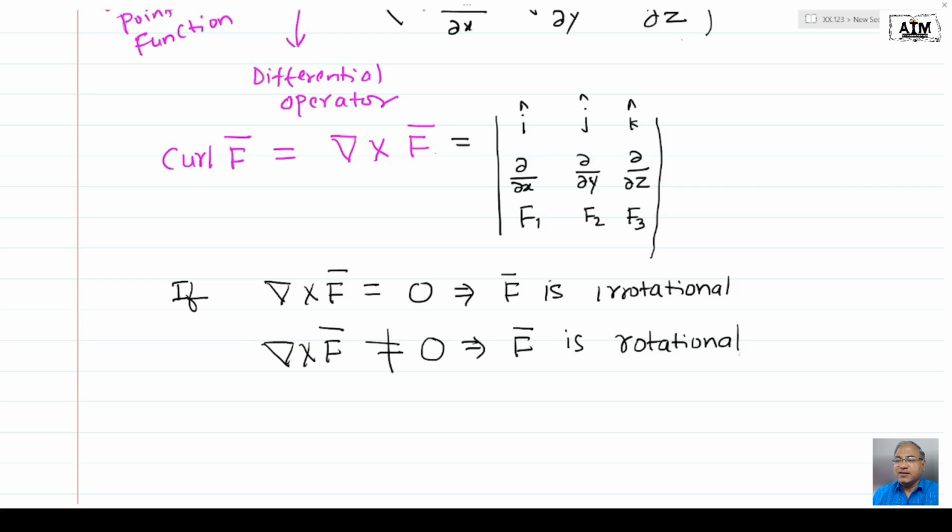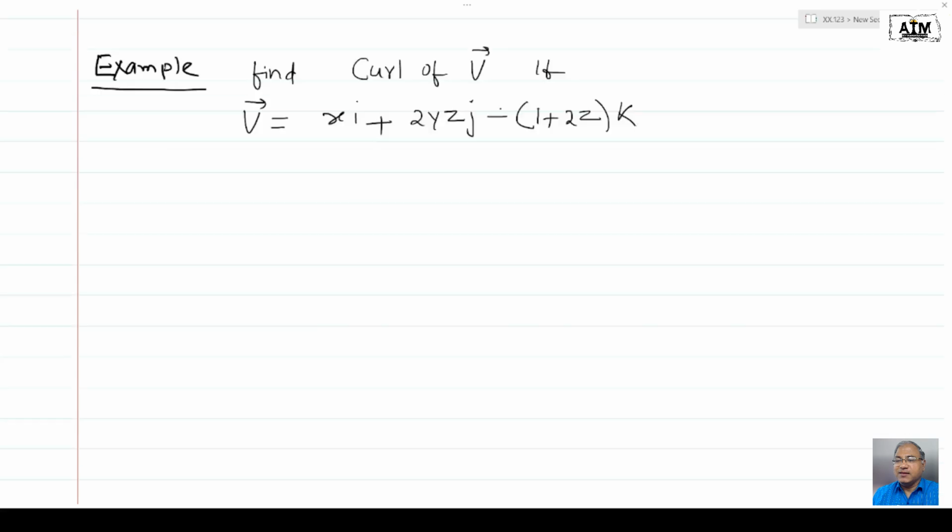And if the curl result is 0, then we say vector f is irrotational. And if the curl value is not equal to 0, then we say vector f is rotational. Thus, by using the curl of f, we can easily decide whether the given field is rotational or irrotational. Here is the example. Find the curl of v if vector v equals x i plus 2yz j minus (1 plus 2z) k.